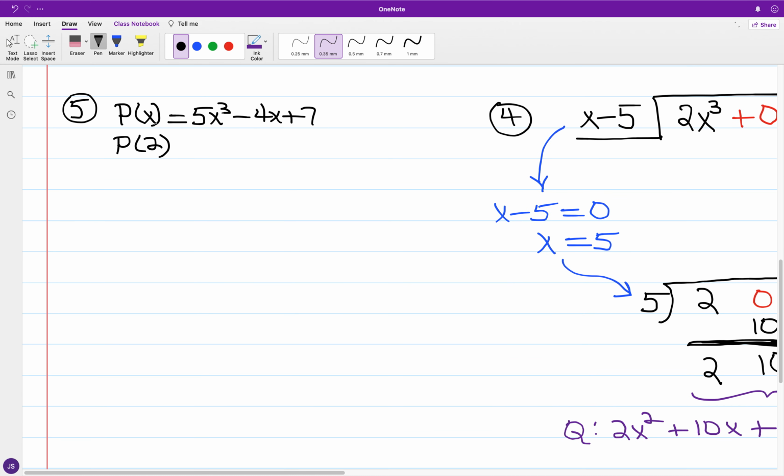Now with p of 2, 2 is a zero, and so the divisor here is going to be x minus 2.